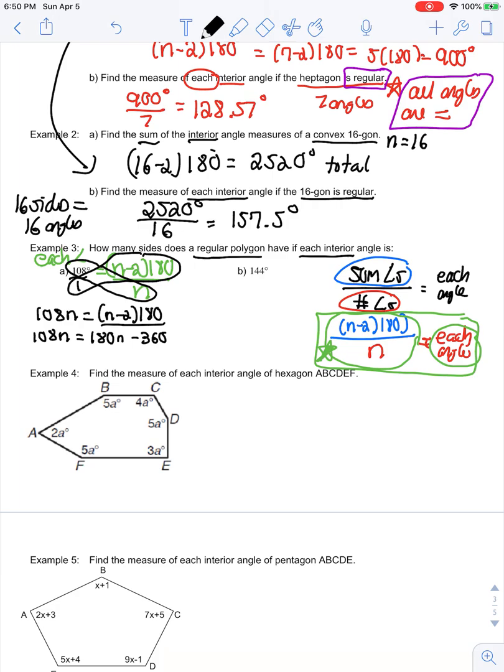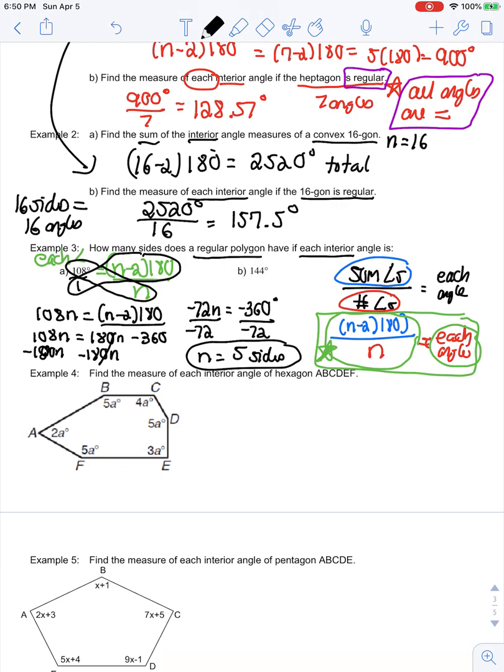Since I have the variable n on both sides, I'm going to need to get that on the same side. So if I subtract 180n, that will give me negative 72n equals negative 360. And if I divide by negative 72, n will be 5 sides.